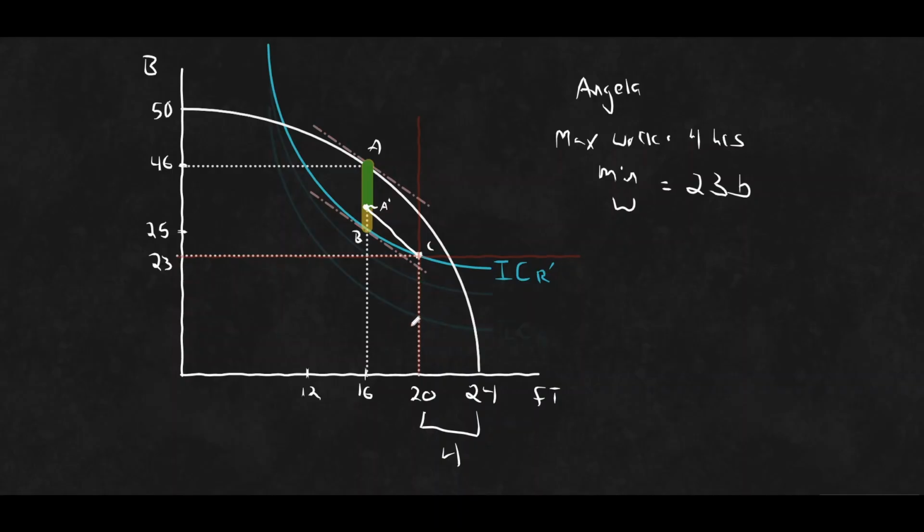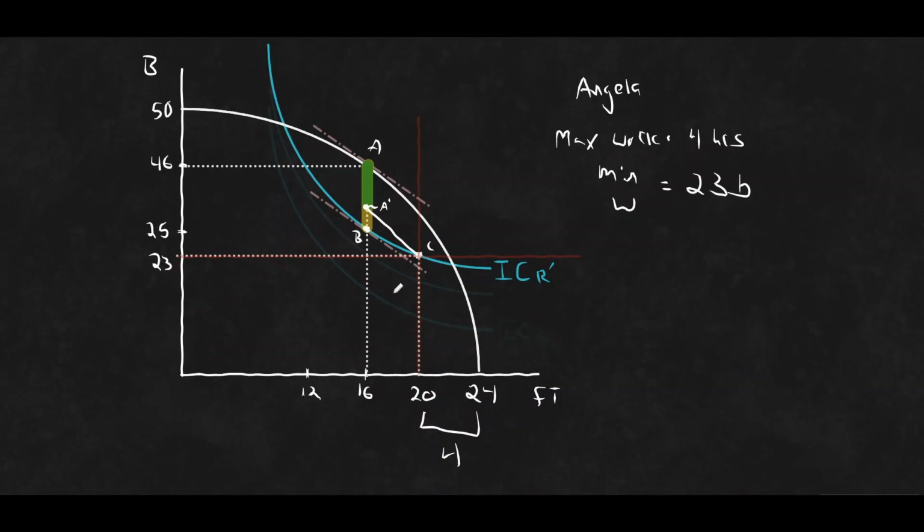Similarly, we don't have to do anything that fancy for Angela. We have Angela's indifference curve, such that we know all the points at which Angela is no worse off. And we already have right there B, which is the point at which Angela would be.